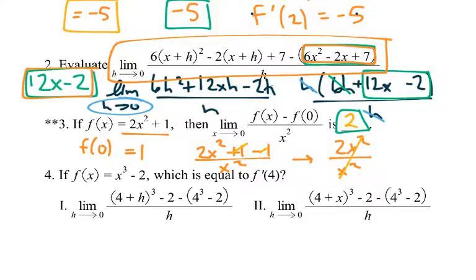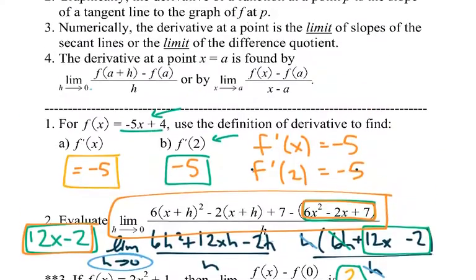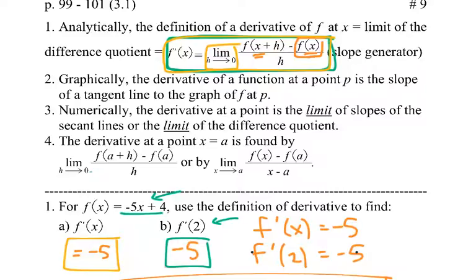Number 4, if f of x equals x cubed minus 2, which is equal to f prime of 4. Now, f prime of 4 means the instantaneous rate of change at x equals 4. So it's the derivative at x equals 4. Now, that's a derivative at a point, so we're really not looking for this equation.